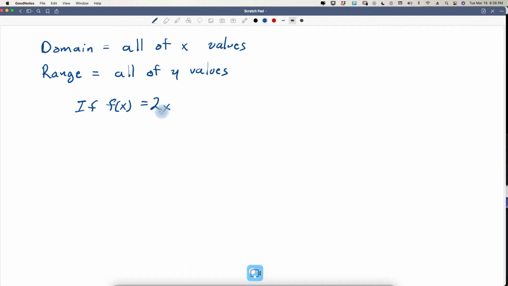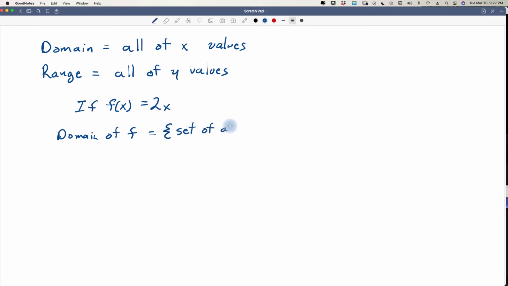Absolutely anything in there at all, right? So x could be, without even graphing or solving anything, we can say that the domain of f equals the set of all real numbers.